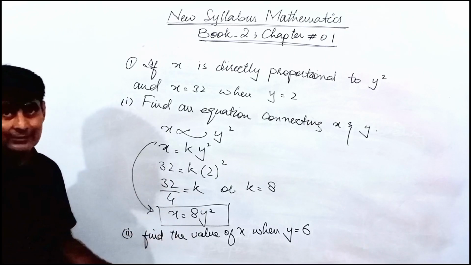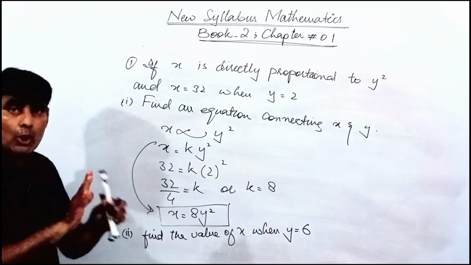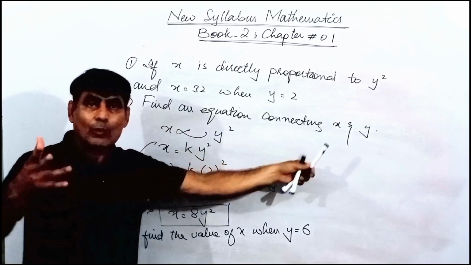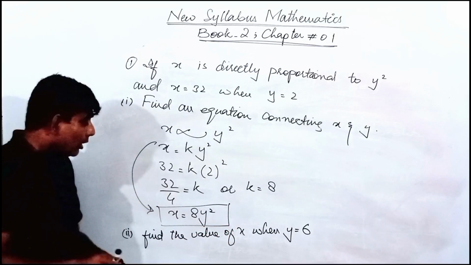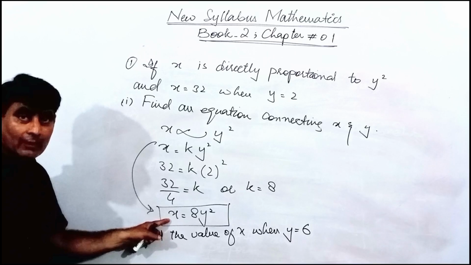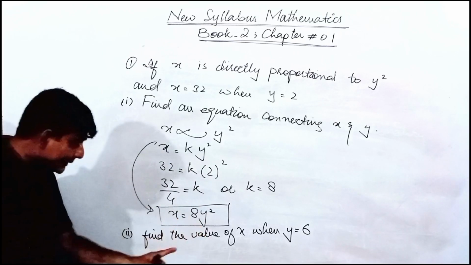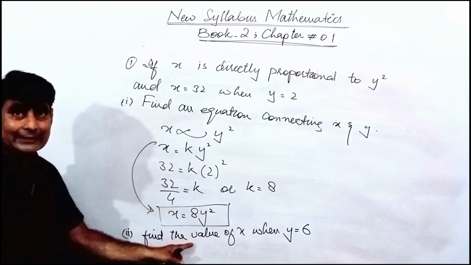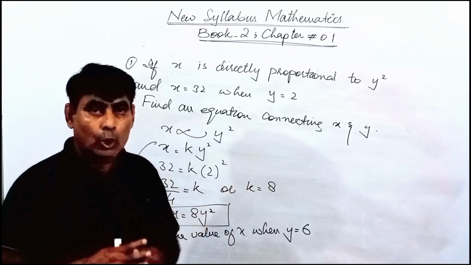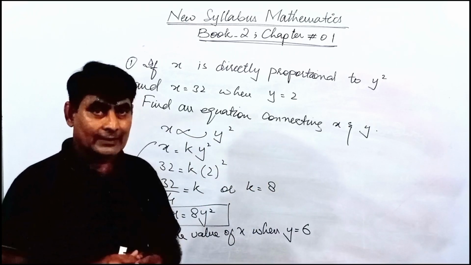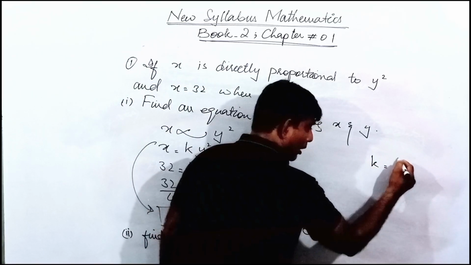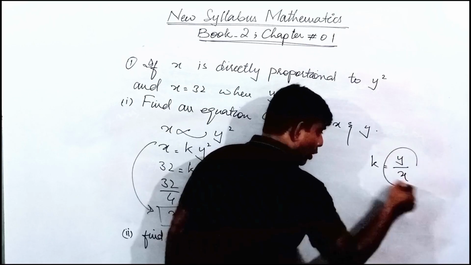If there is a question with no part like this, find an equation connecting x and y, then without making a relation, we are able to find out the direct answer. Why? Listen, in direct proportionality, there is always a common ratio. As I have written over here, k is equal to y upon x.